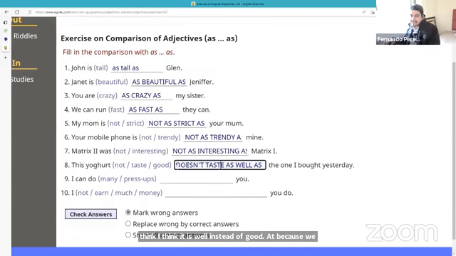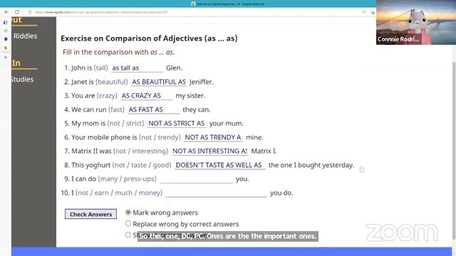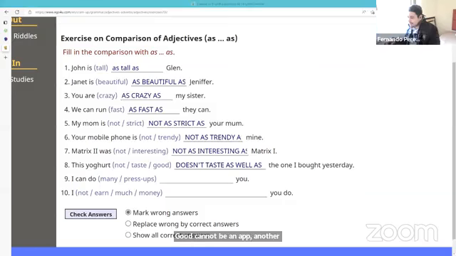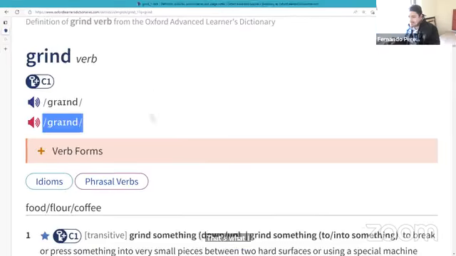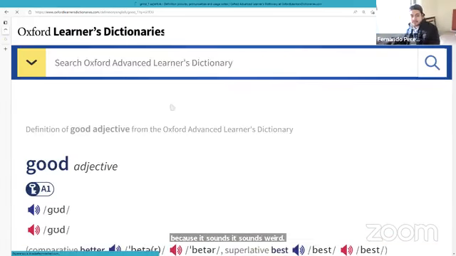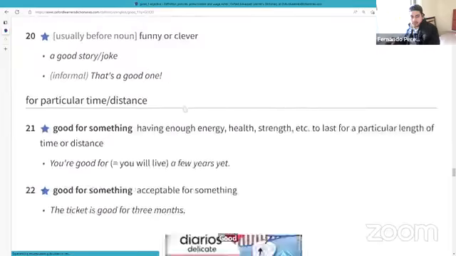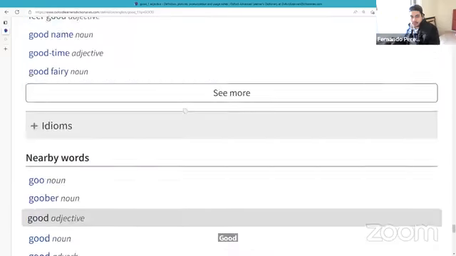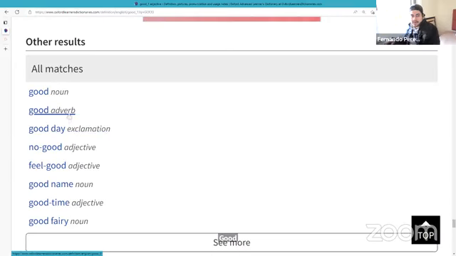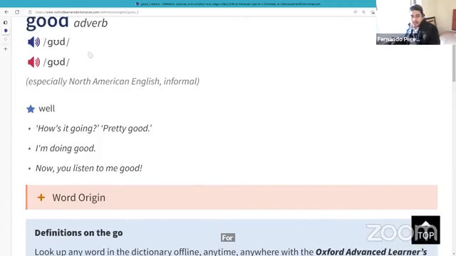So these specific ones are the important ones. Good cannot be an adverb. That's what I wonder, according to the dictionary, because it sounds weird, no? Good is an adverb, similar to what?